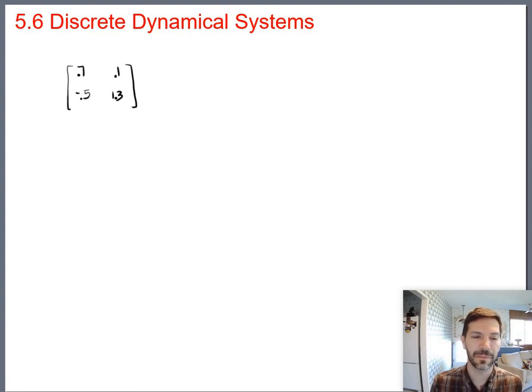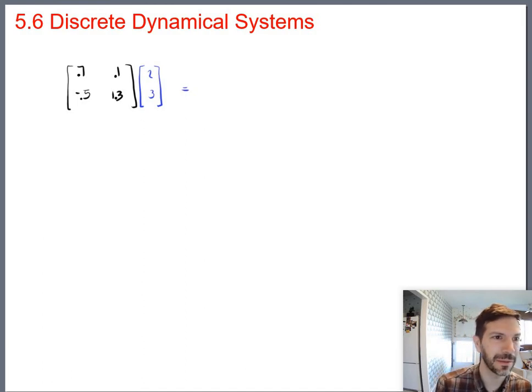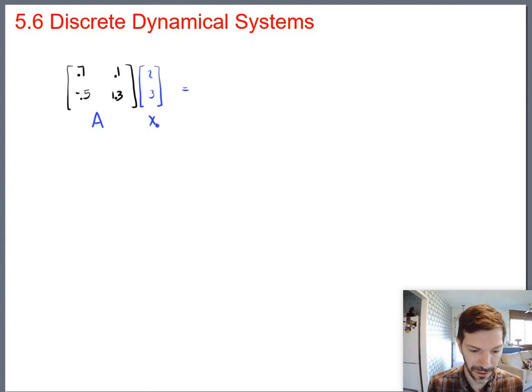Suppose we've got some sort of matrix like this, and we have some sort of input or initial condition. You typically would call this something like your x1 or maybe even x0, depending on how you want to order things, and this is your A matrix. When you multiply the two of them together, you get the next version of x.